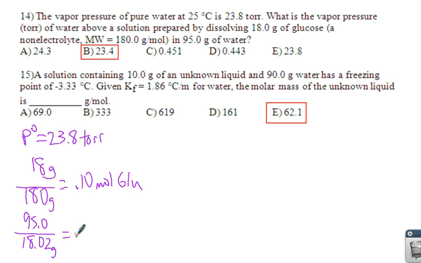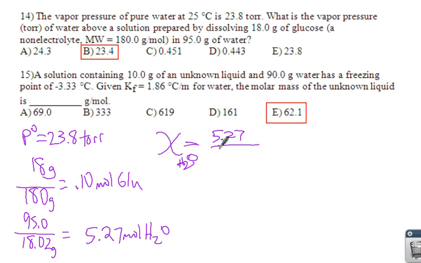Yes, it is. 5.27 moles of water. So chi for water would be the 5.27 moles of water divided by 5.37, that is the total of both of these. There's my chi.